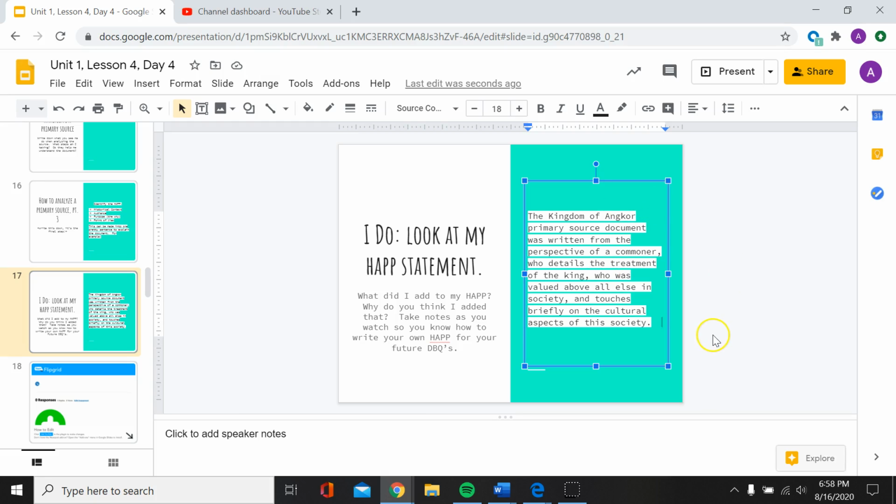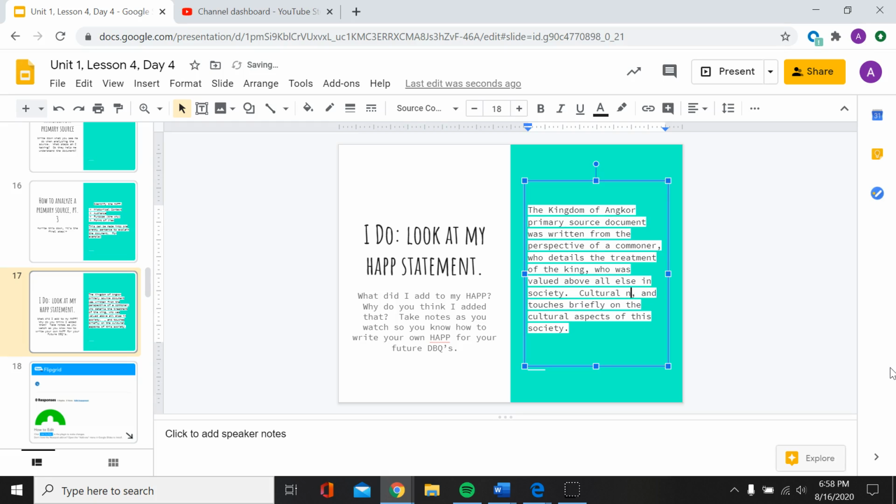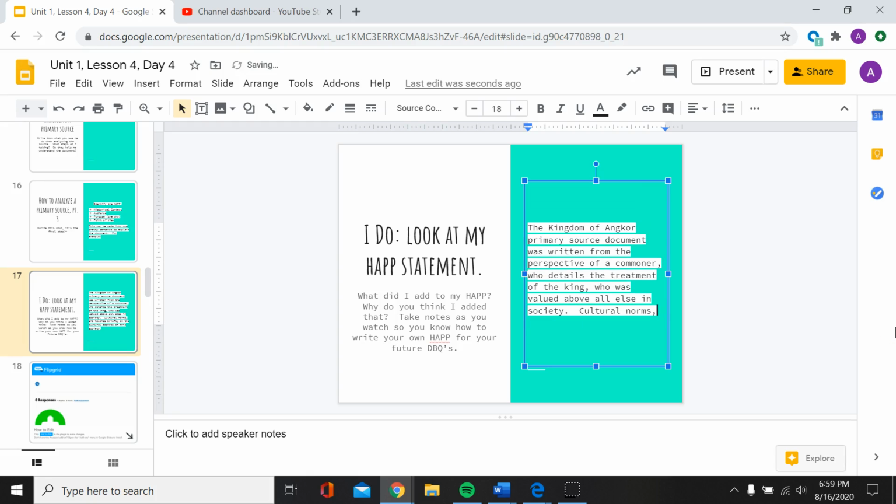If I want to make it more specific, and I think I do, just because this doesn't seem to do our document enough justice, I'm going to put a period right here, and then I'm going to add in cultural norms, right? Because it does detail cultural norms, and I've got cultural right here and society, but the word norms takes care of the word society because norms tells us that this is something that everybody practiced. So I'm going to take away this part because I just covered that with 2 words.